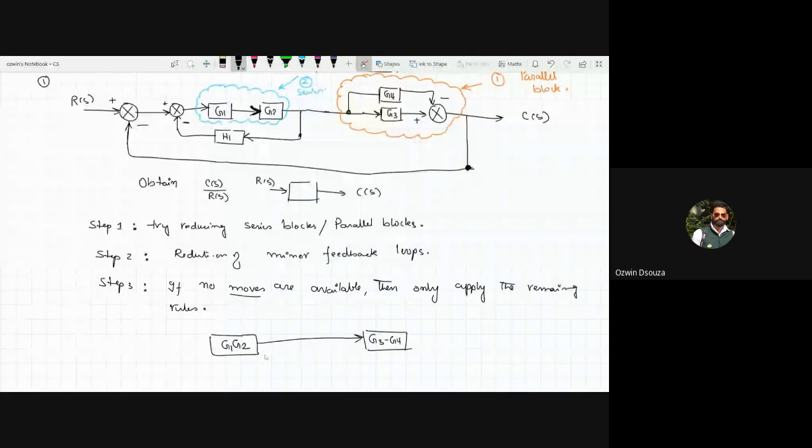Okay, and then there is H1 here. And then there is a summing point over here.